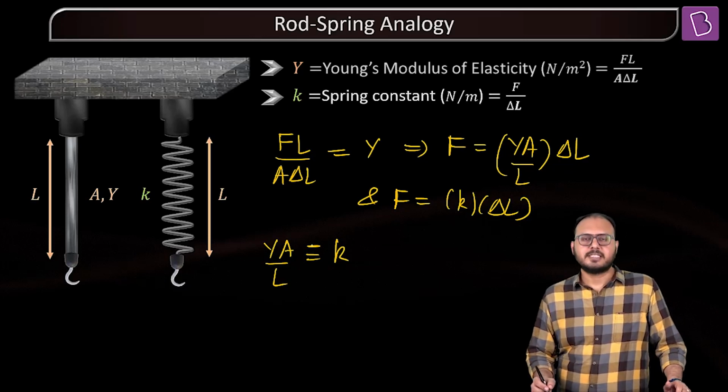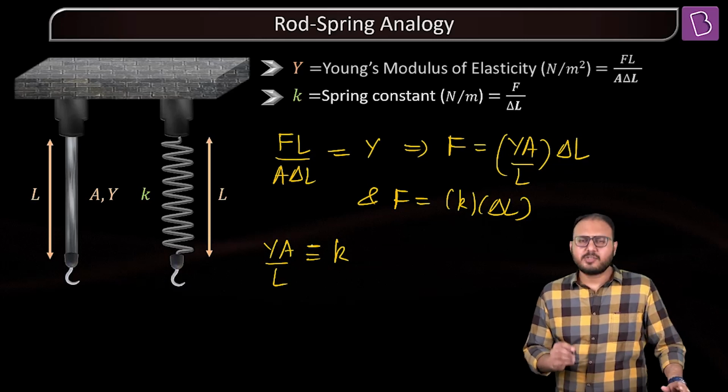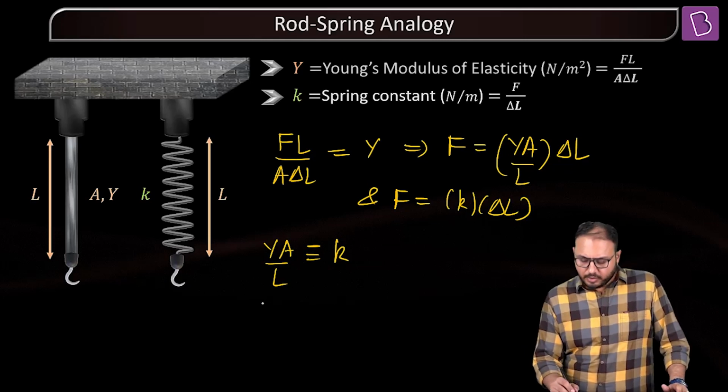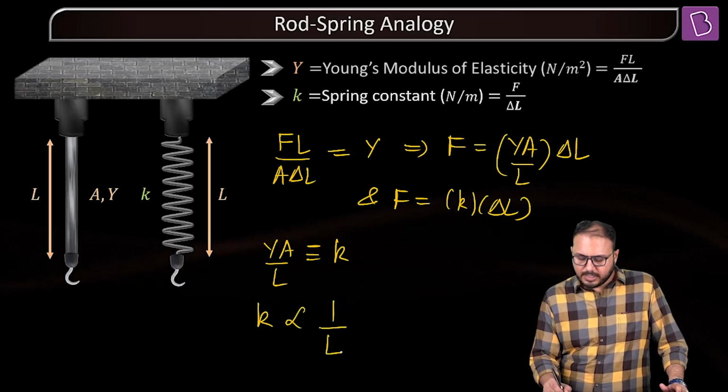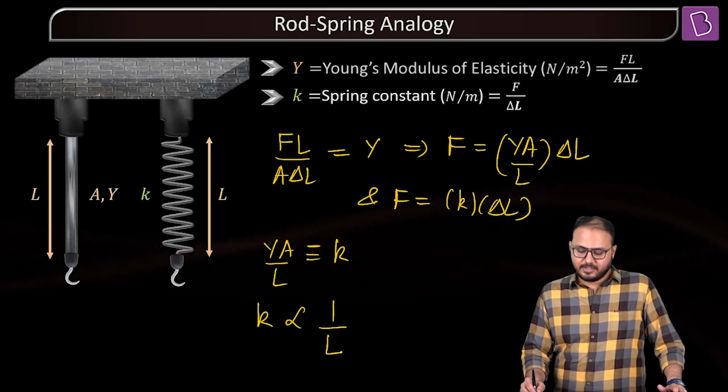So YA by L, by simple mathematical compatibility, will play the role of spring constant. Wow, that's nice. So sir, Y is almost constant. Yes, it is. A is almost constant. Yes, it is. Sir, you mean to say your K is inversely proportional to length? Yes.